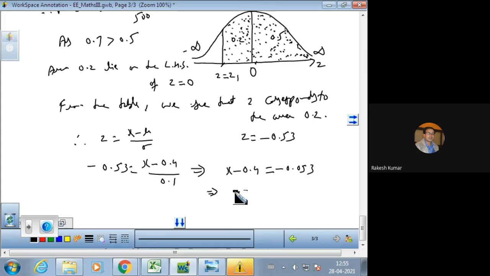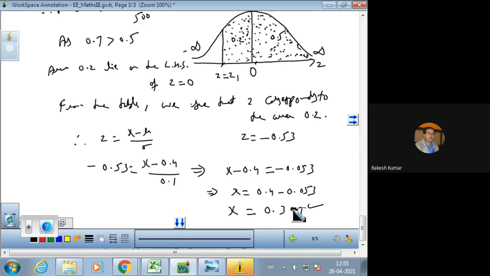So ultimately you will be able to calculate 0.4 minus 0.053. This comes out to be 0.347. So this will be the value of x.